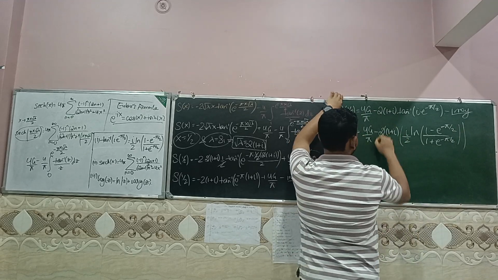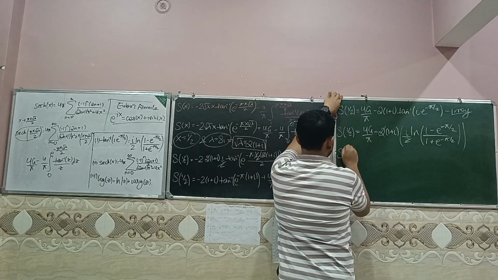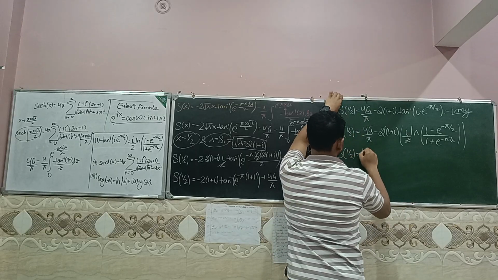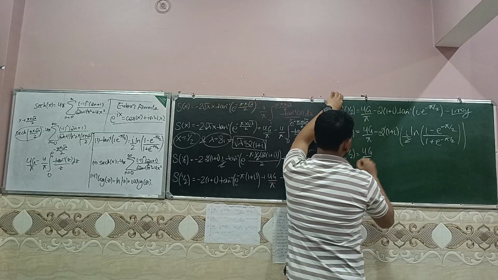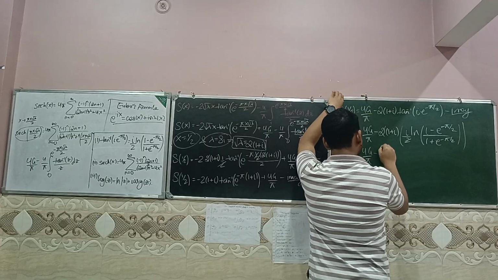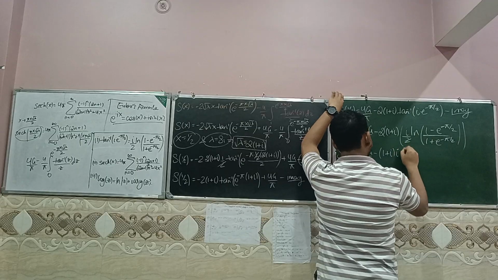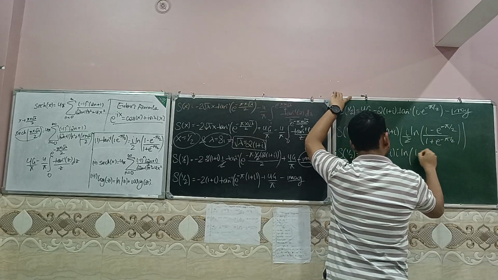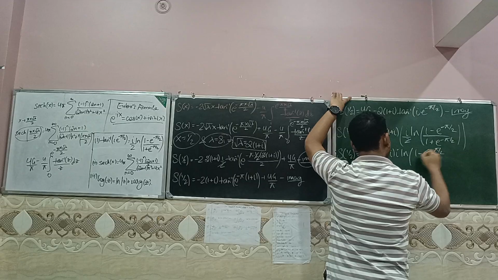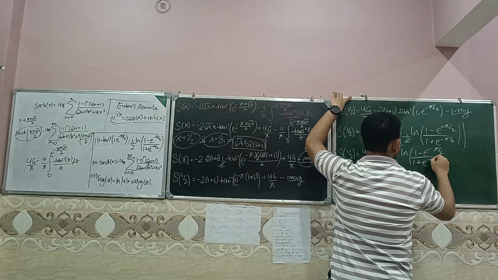We're successfully getting rid of these two things. So s of half becomes 4g over pi minus of 1 plus I and times I ln of 1 minus e to the pi over 2 over 1 plus e to the negative pi.